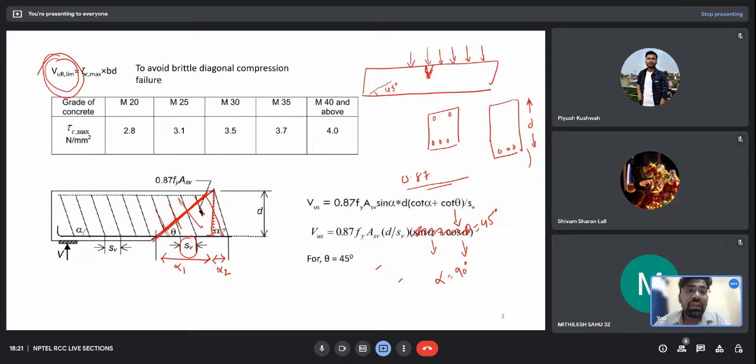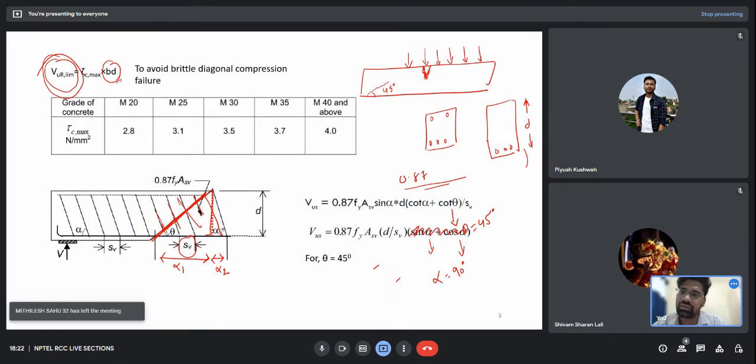But now in shear also there can be a case where we need to redesign the section. That case will come when my tau_c times b d, this Vur, is less than the shear coming on my beam. So if Vur is less, then what should I do? I should redesign my beam. I should provide a higher depth or a higher section of beam.